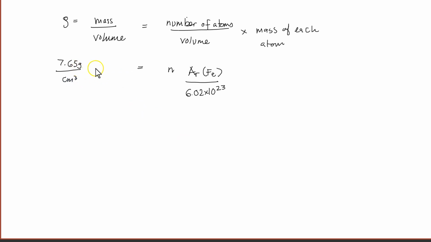We want to multiply this by the number of centimeters cubed in a meter cubed, which is 10 to the 6 centimeter cubed per meter cubed. And this is fine because this quantity is in grams and this quantity is in grams, so they will cancel. But we do need to convert from grams per centimeter cubed to grams per meter cubed. So we've got this equation and we can solve for N.